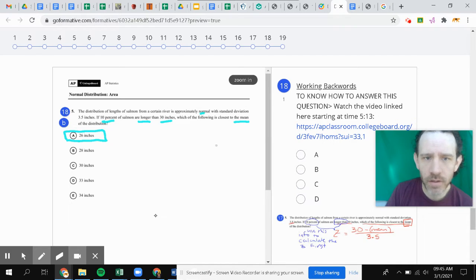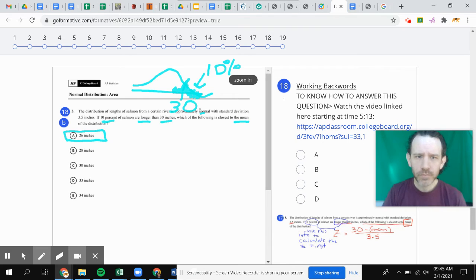So that gave us our hint that we are going to be looking at the table where we have that curve. And in this scenario, 10% of our salmon, meaning the top 10%, because it's the ones that are longer, would be this little corner here. That 10% is above 30 inches.